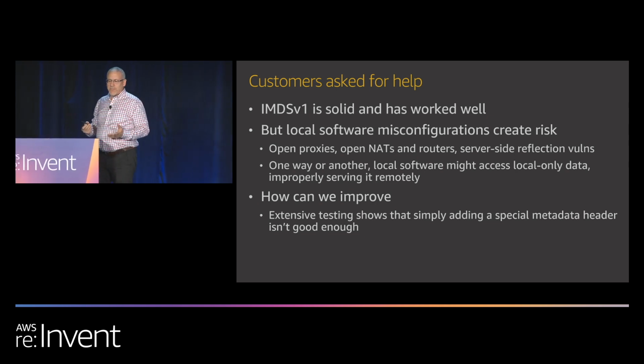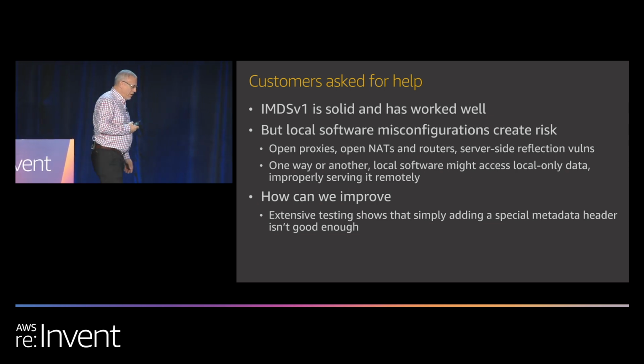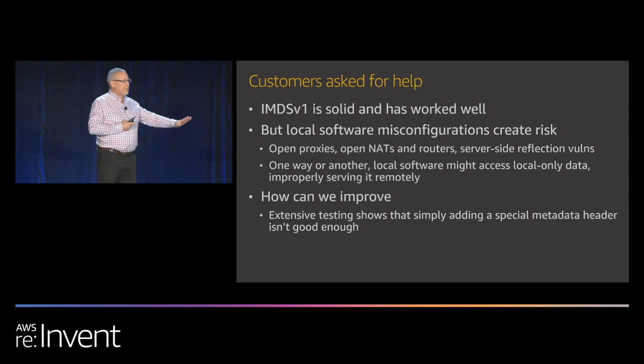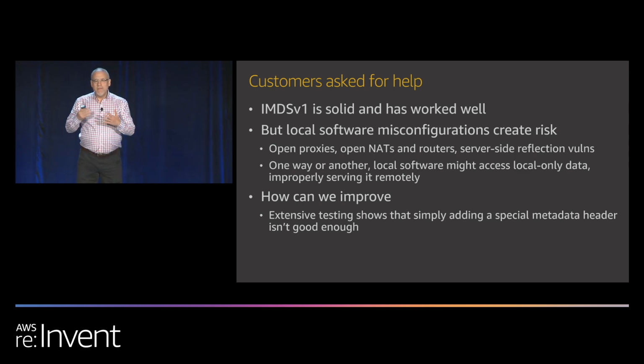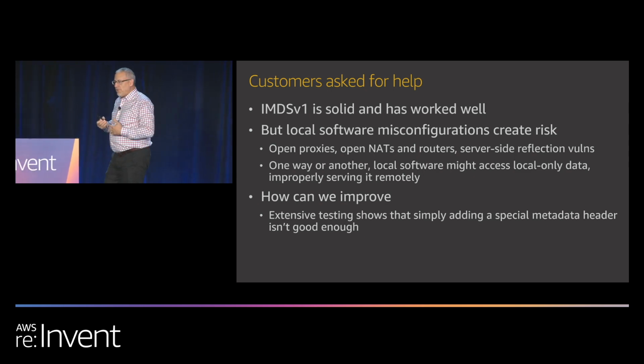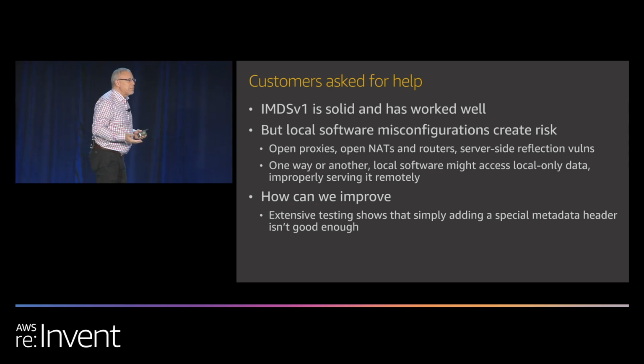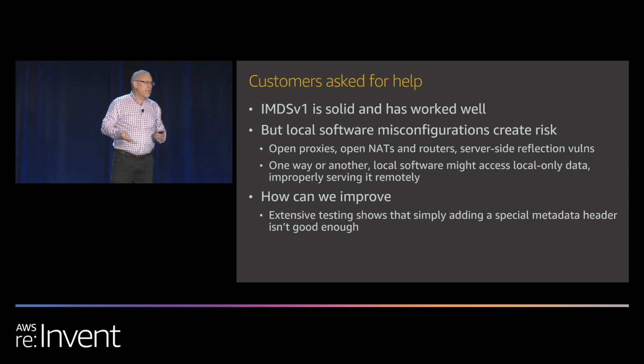One thing that has been suggested, and it's actually implemented in some parts of the industry, is, hey, just add a header to the request, some magic instance metadata header, and that would protect me. The truth is that doesn't actually work. It works in some cases, but in many cases, the open proxies or other systems that get misconfigured will take headers and send them forward for you.